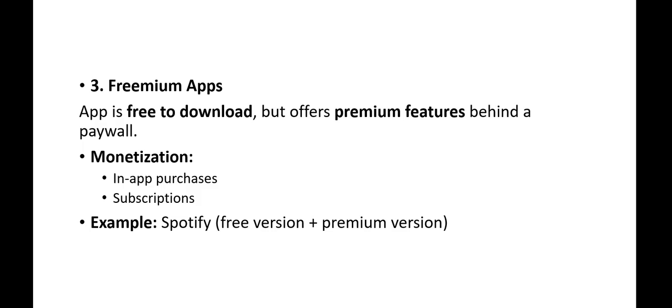Example, Spotify. Spotify contains both versions, free version plus premium version. Users can download Spotify from the Play Store. If the user needs any additional or premium features, the user has to pay.